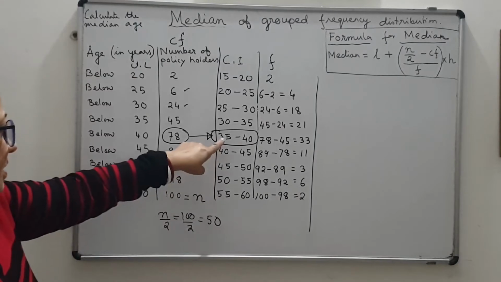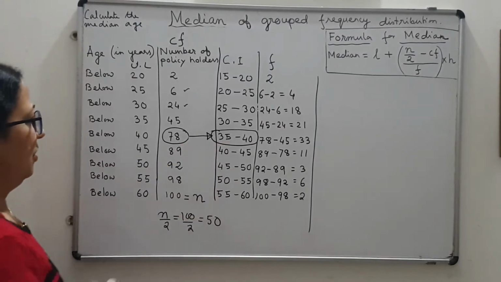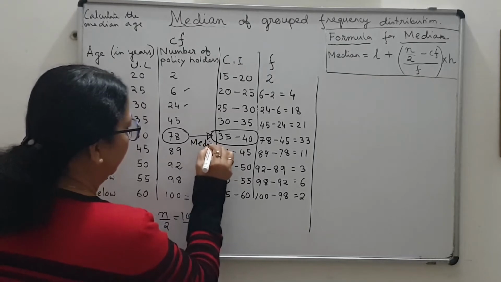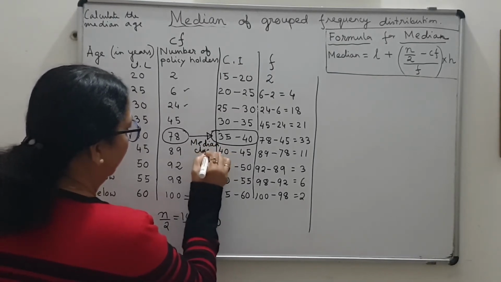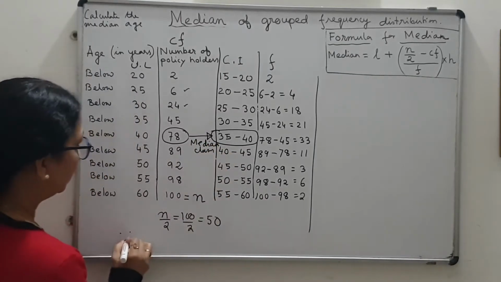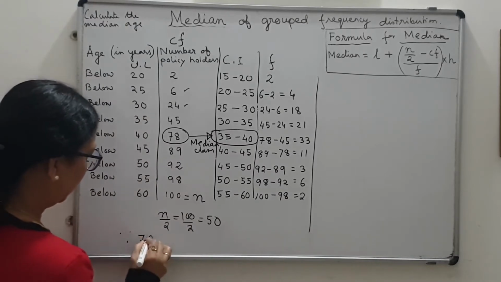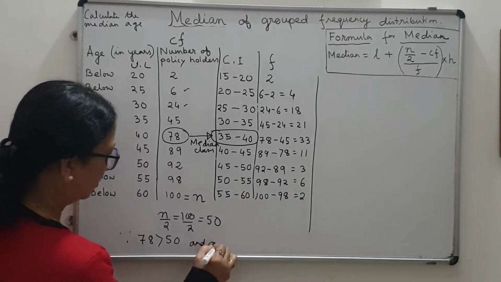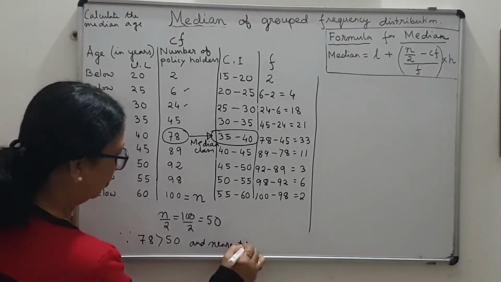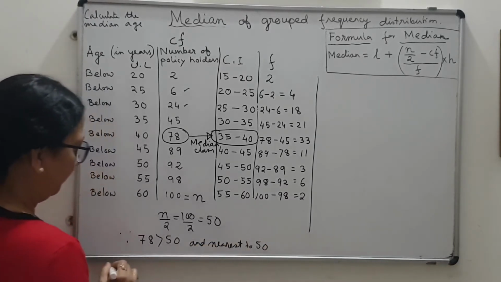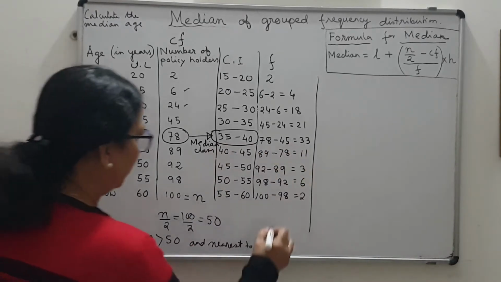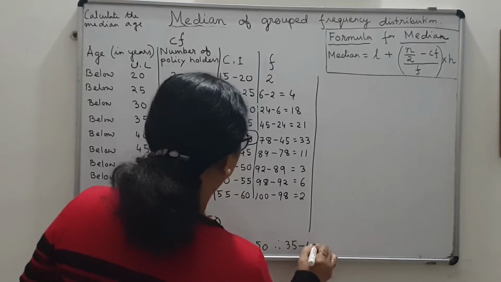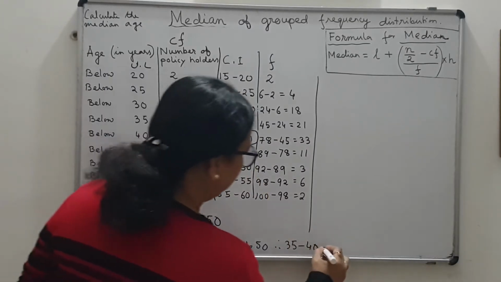That's why this class is the median class. Or you can write, since 78 is greater than 50 and nearest to 50, therefore 35 to 40 is the median class.